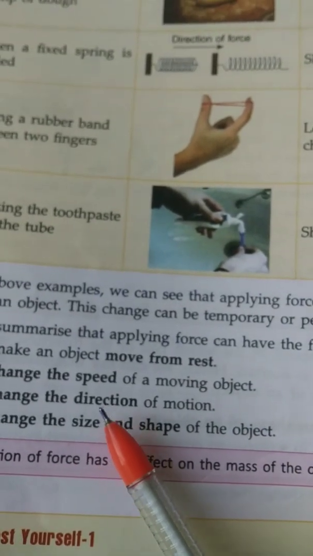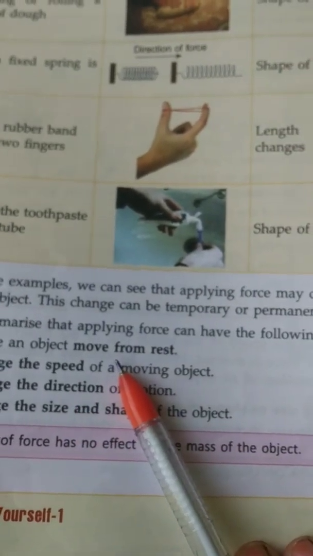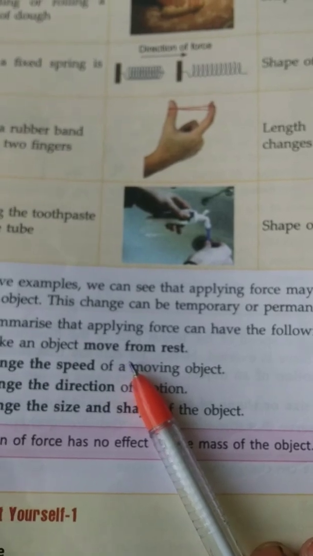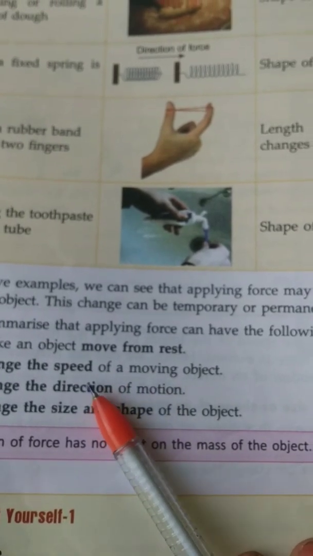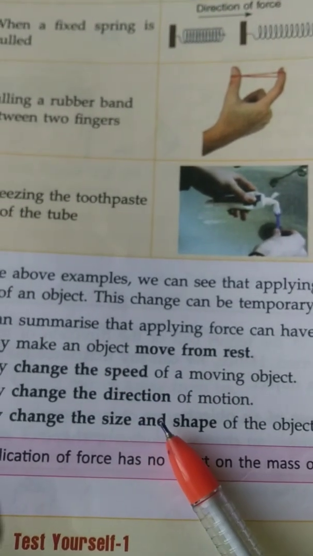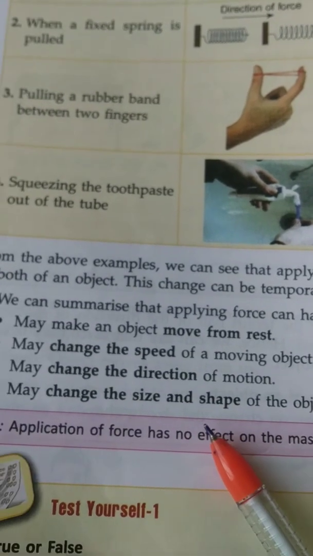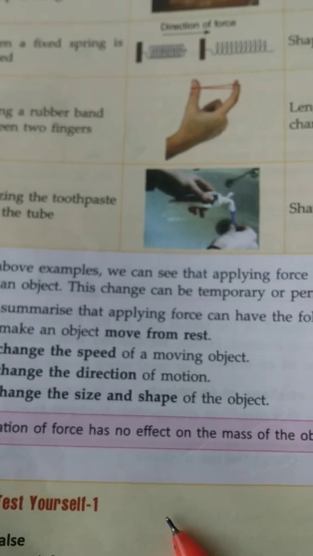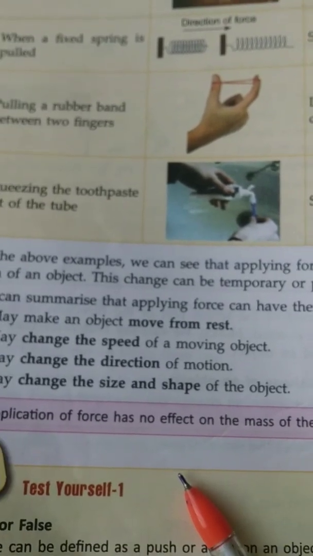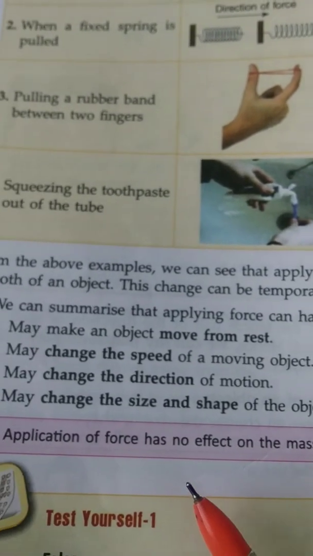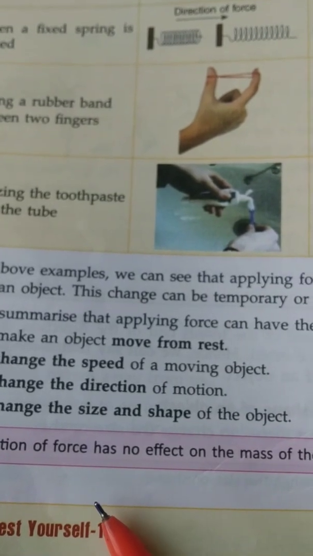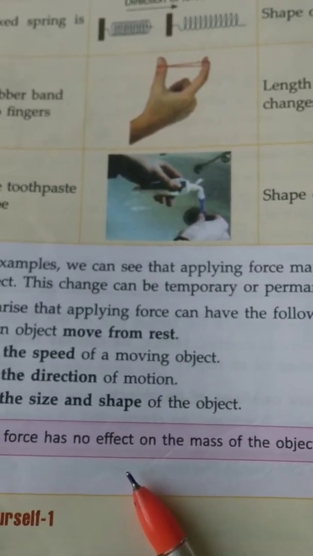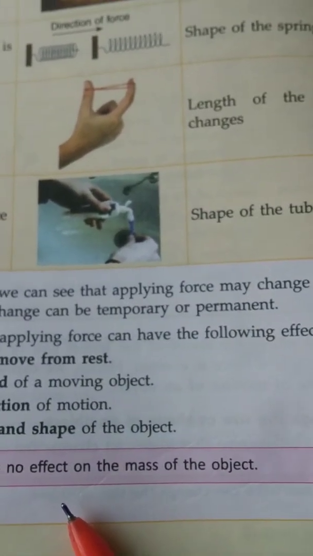Now what is the summary? Force makes an object move from rest, changes the speed of a moving object, changes the direction of motion, and may change the size and shape of the object. Okay? But one thing you have to keep in mind, if we apply force, there is no effect on the mass of the object.